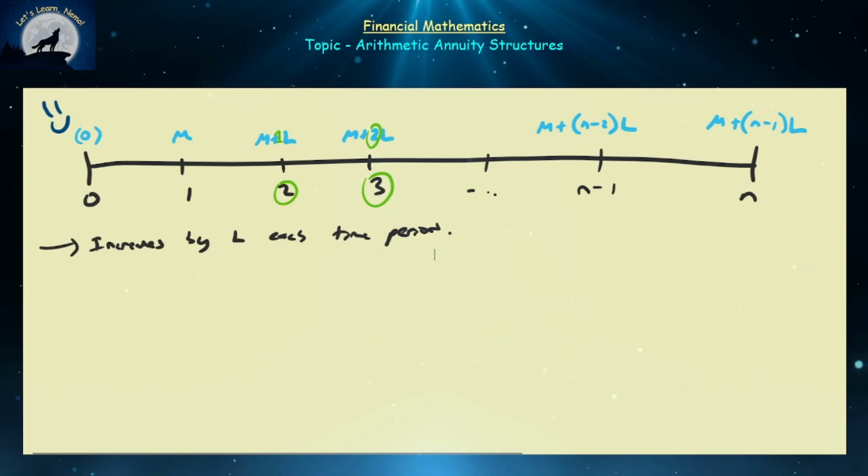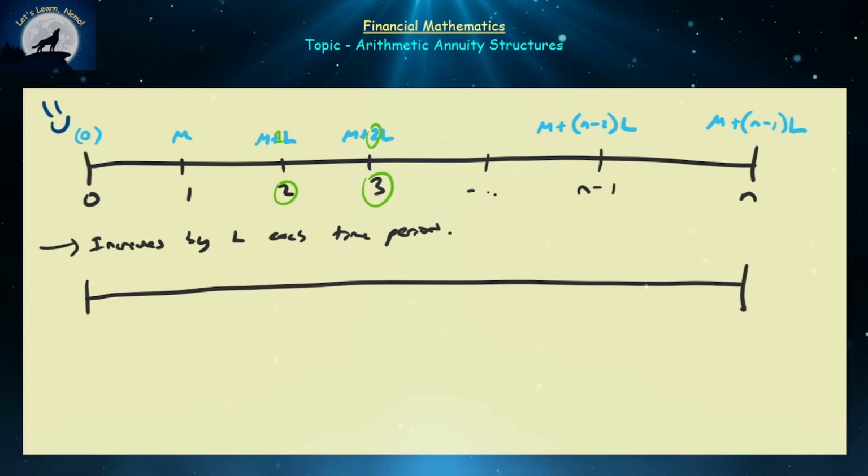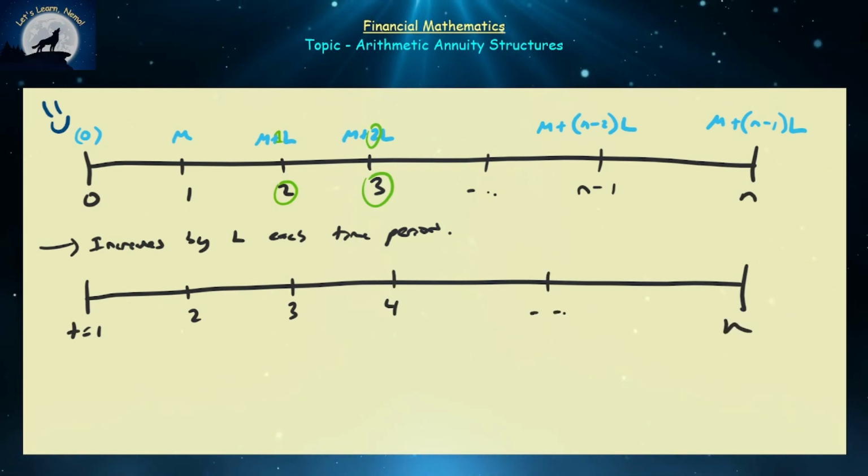So if we want to look at this in an easier way, so that we don't have to do any super fancy math, if we look at time t equal to 1, and then 2, and then 3, and then 4, all the way down to time t equal to n, what we have here is an m. We have an m and an L here.